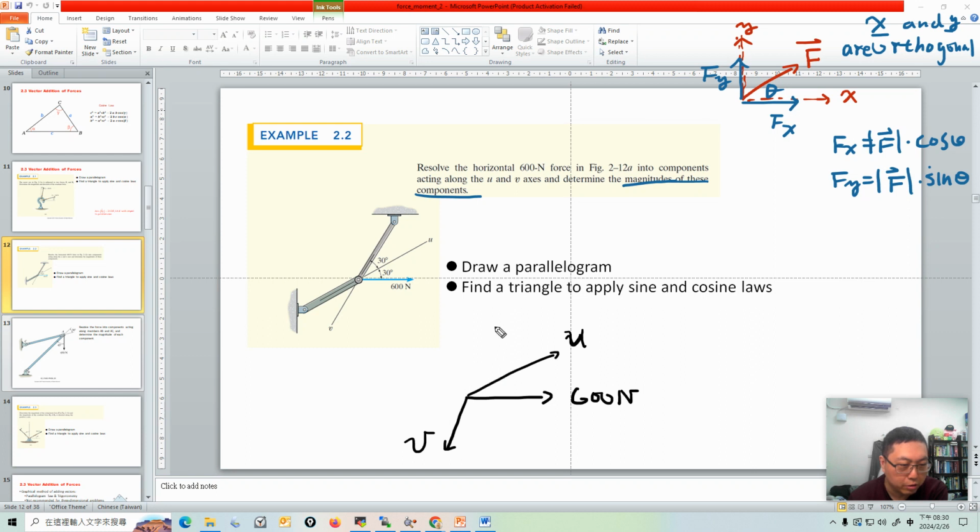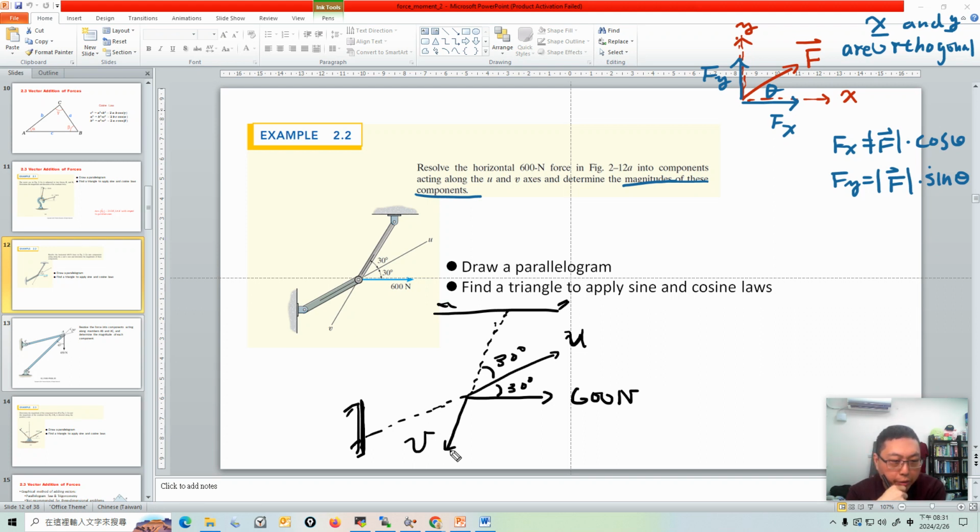This is a straight line, and this is also a straight line, and this is a straight line, and this is also a straight line. This is 30 degrees here, and 30 degrees here. So let's find the decomposed force.